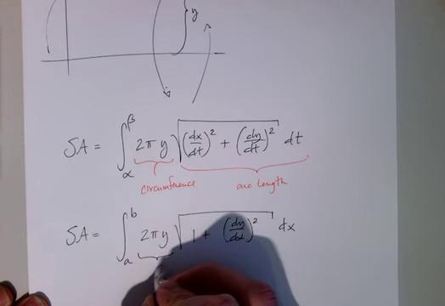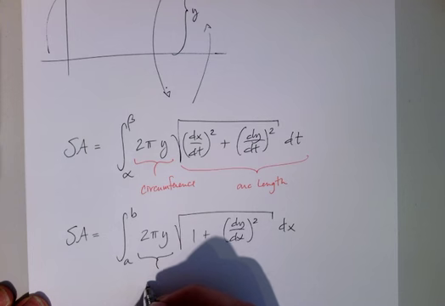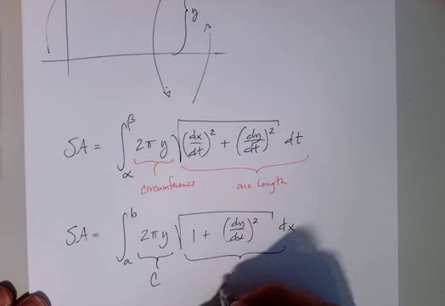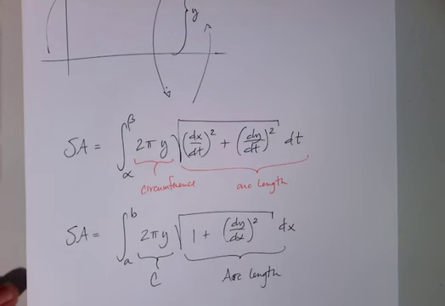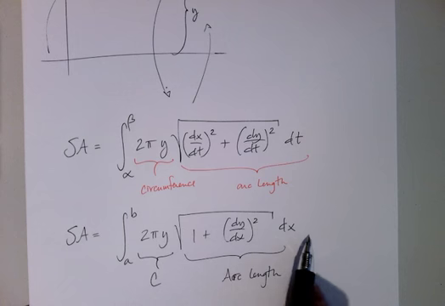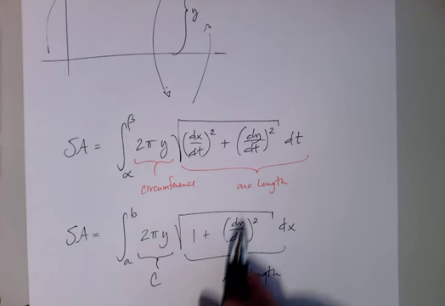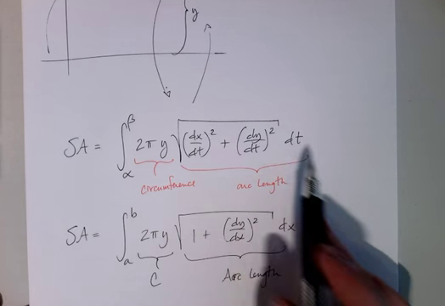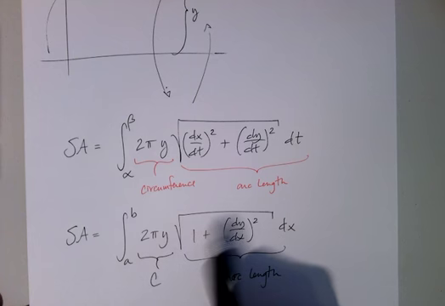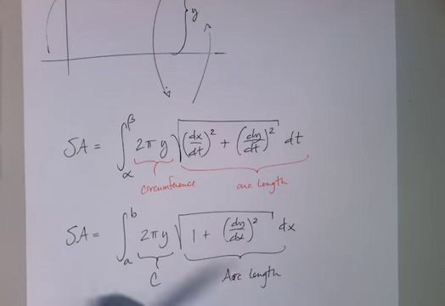This was my 2 pi r, which was my length because it was my circumference, and this right here was my arc length, which represented the width of those. It's just the fact that here we're integrating with respect to x, so it's a little bit simplified in the radicand. Here we're integrating with respect to t, so you just have to be careful about how you set up the radicand and how you set up the limits of integration. So let's go ahead and move on to our first example.